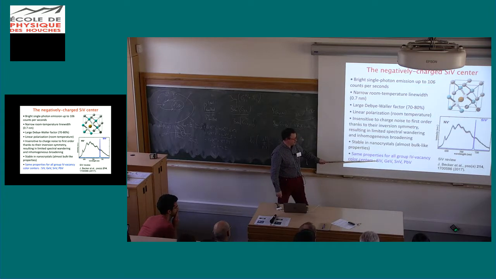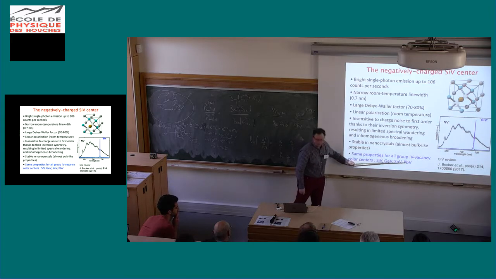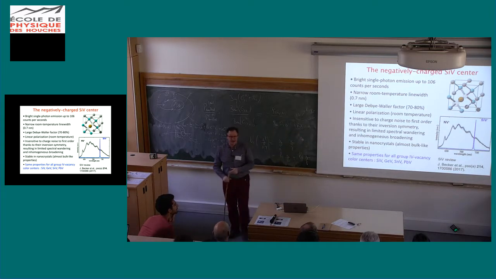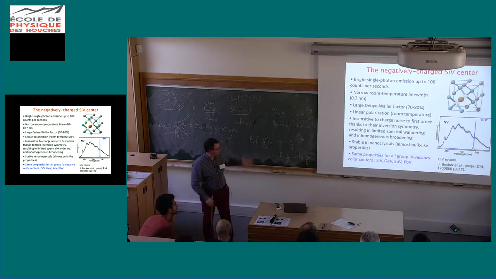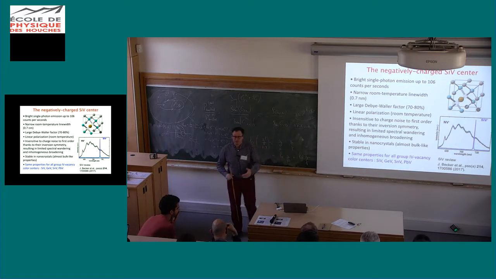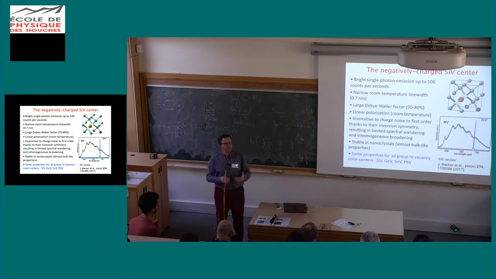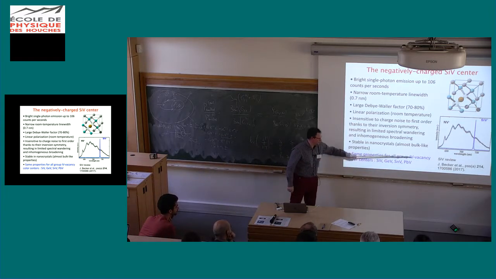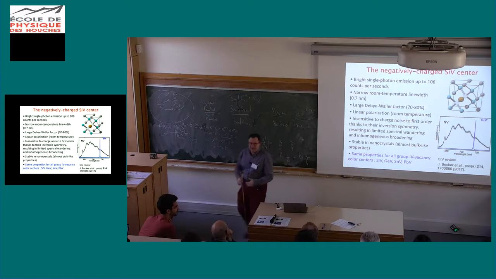So we start with silicon vacancy, we go to germanium, we go to tin, and we can go even to lead. And all these defects have now been identified. There is still some uncertainty about this defect, but you can create them. And I will explain why going down this column of the periodic table is interesting.